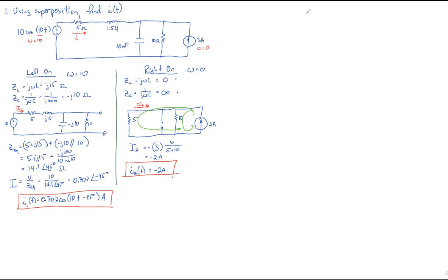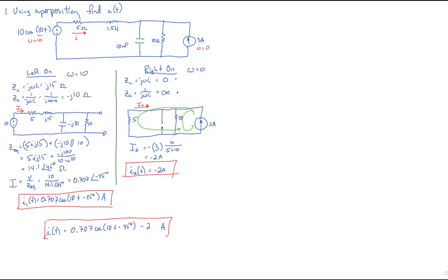And that means we can finally solve the entire circuit. The total current is equal to I1 plus I2, which is this amount of current from our omega 10 source, minus 2 amps from our DC source.